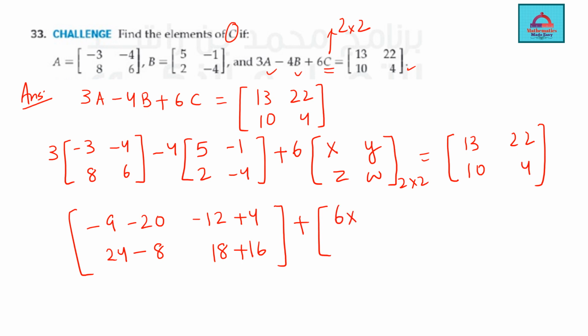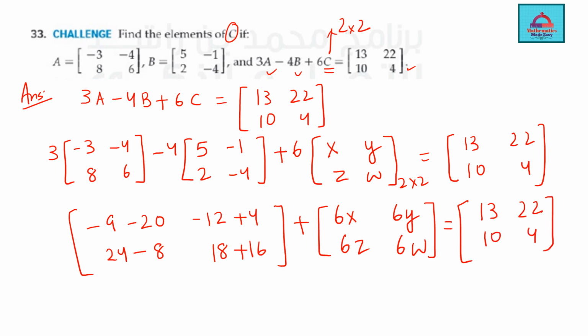Now scalar multiplication works like distributive. So all elements inside will be multiplied with 6 and the right side is still the same. We'll do simplification a little bit more here, and the matrix finally that will come out to be here is minus 29, 16, minus 8, 34, and now we need this matrix.